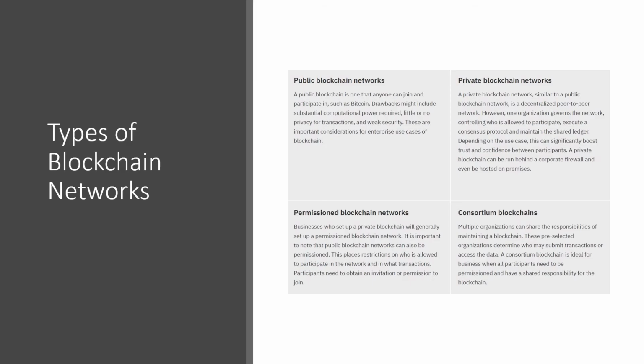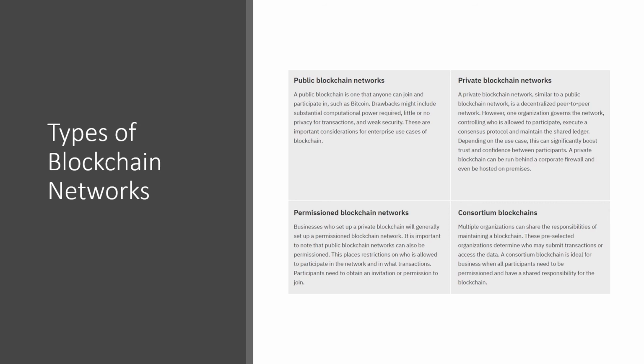All right, now we will talk about the types of blockchain networks. There are several ways to build a blockchain network. They can be public, private, permissioned, or built by a consortium. Now let's first talk about public blockchain networks.